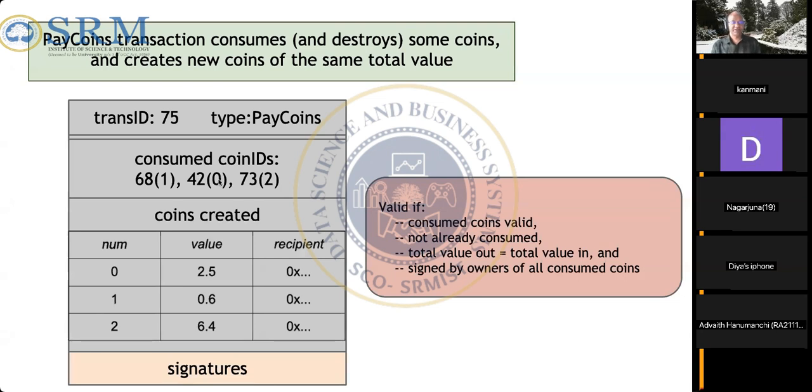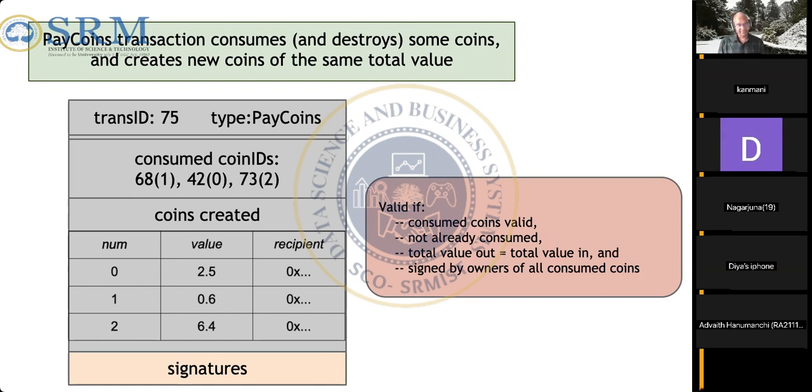What happens if one of the consumed coin IDs is already spent? Let's say that we have Alice, who is the owner of the 68.1 coin, and she has spent this coin somewhere else, transferring it to Bob already. And now she is creating a new transaction using this coin again.